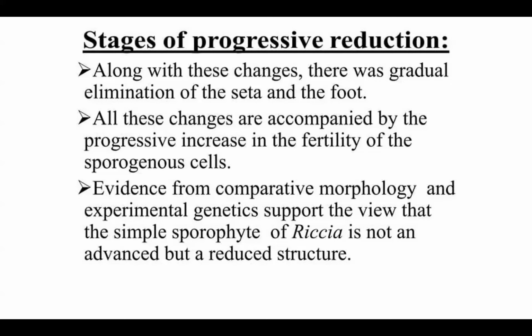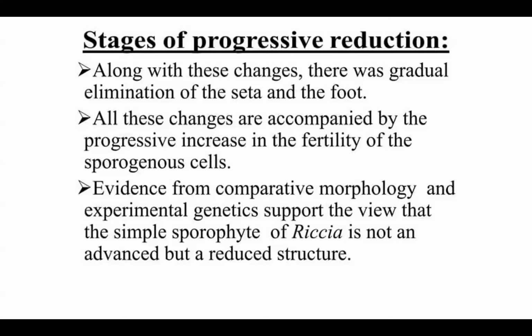All these changes are accomplished by the progressive increase in the fertility of the sporogenous tissue. Sporogenous tissue is increased. Evidence from comparative morphology and experimental genetics supports the view that the simple sporophyte of Riccia is not an advanced but a reduced structure.